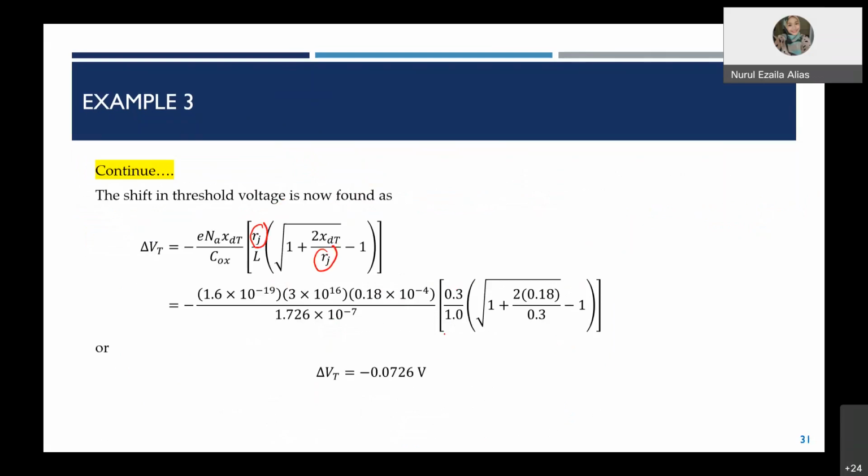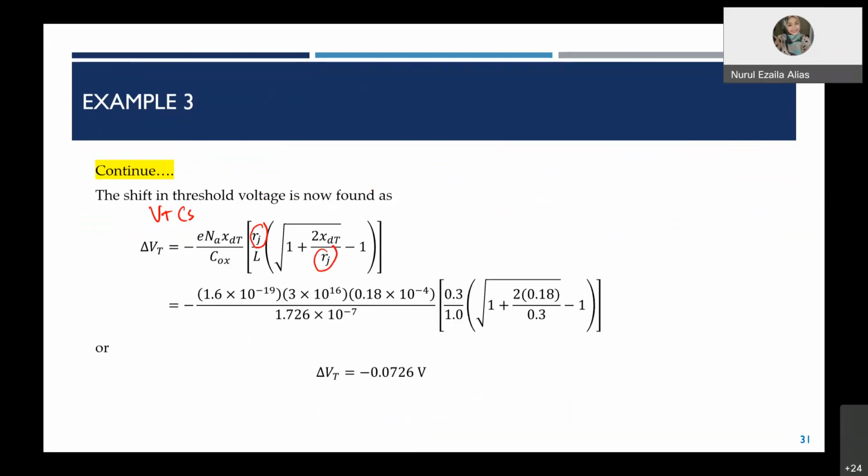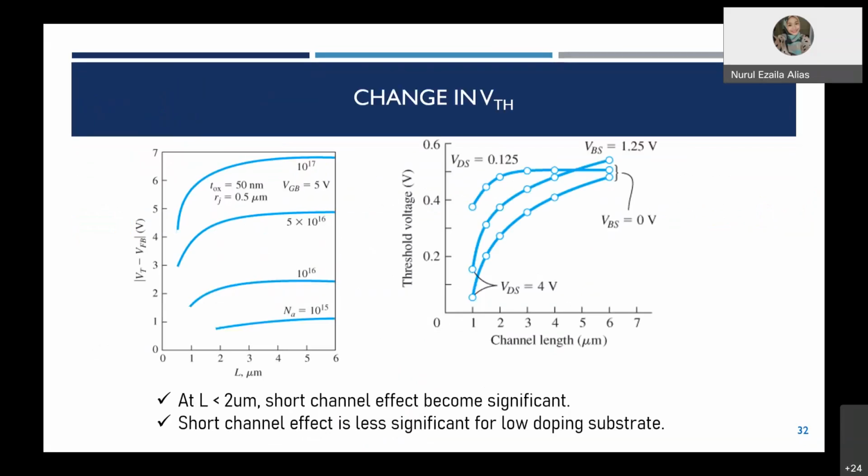So finally, delta VT, which means VT short channel minus VT long channel, is equal to negative 0.0726 volt. This is straightforward, where you just plug all the parameters into the equation, then you will get it.